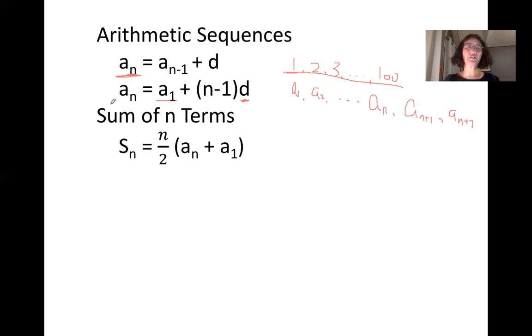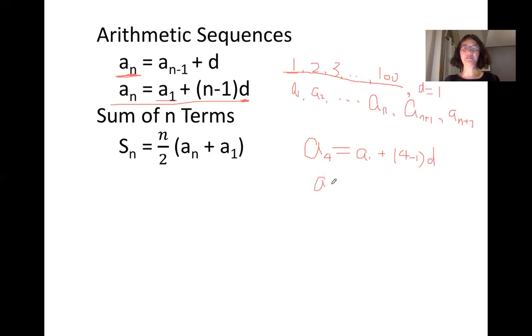In this sequence, we said the common difference is 1. So let's verify this formula. For example, what is A4? Based on this formula, A4 equals A1 plus n minus 1, n is 4, so 4 minus 1, multiplied by d. d in this example is 1.